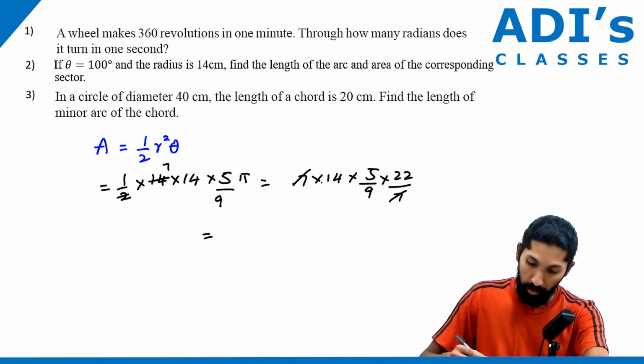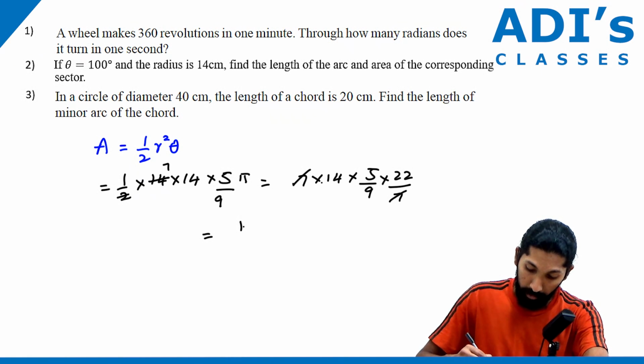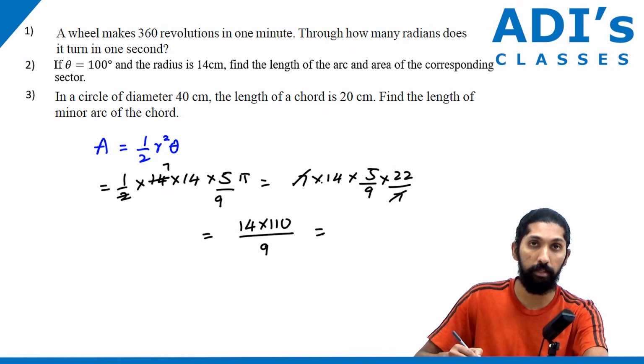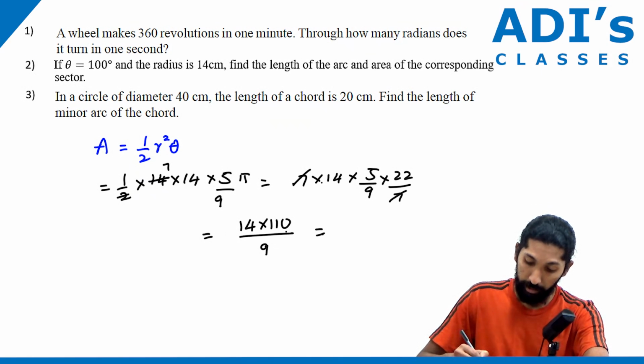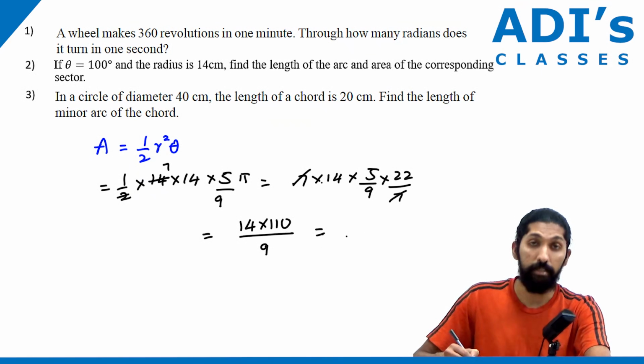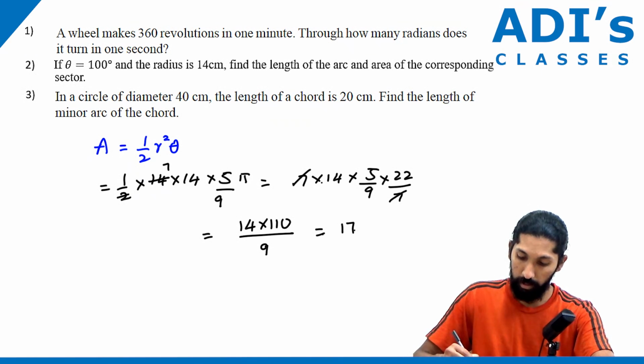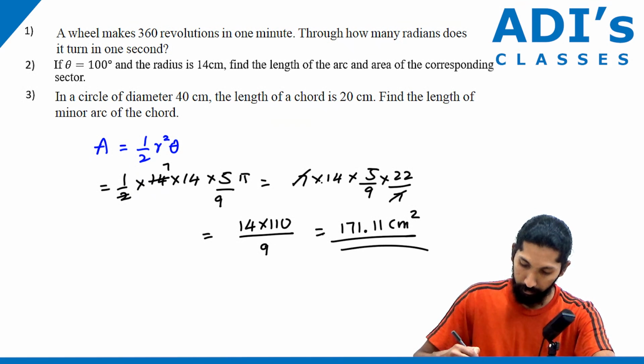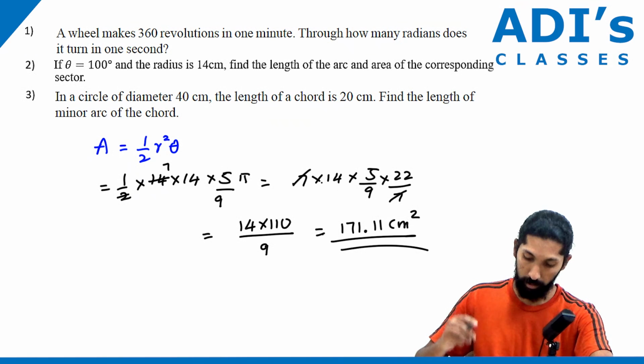So what do we have now? 14 into 110 divided by 9. Correct? This is going to give us the answer. So 14 into 110 divided by 9. The answer will be 71.11 centimeters square. Got it? This is going to be the answer for the second one.